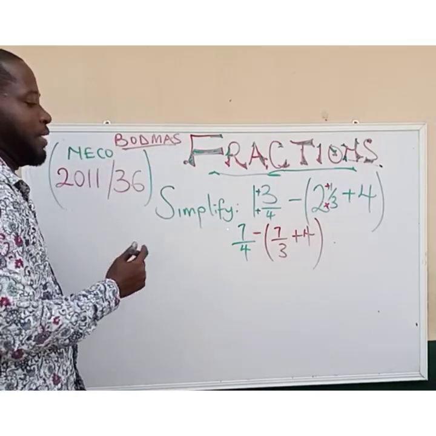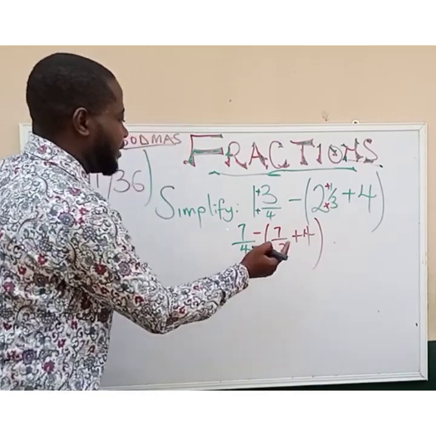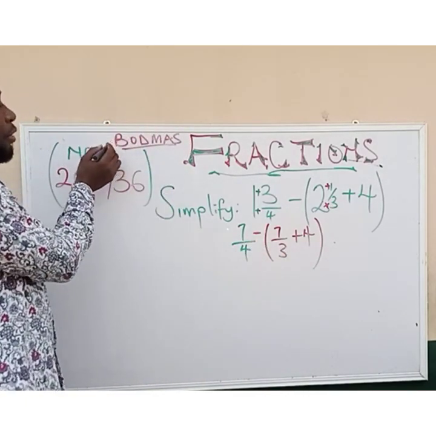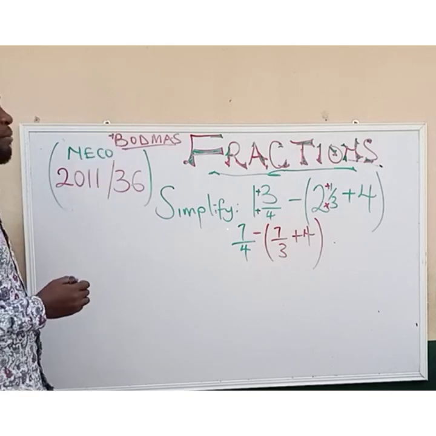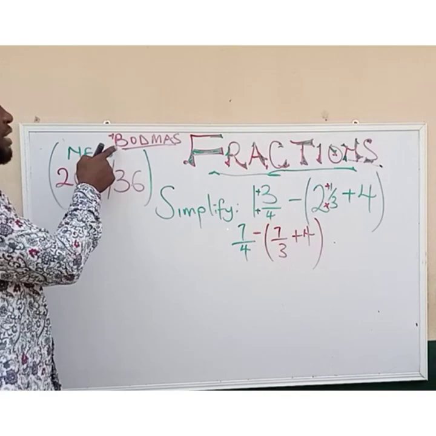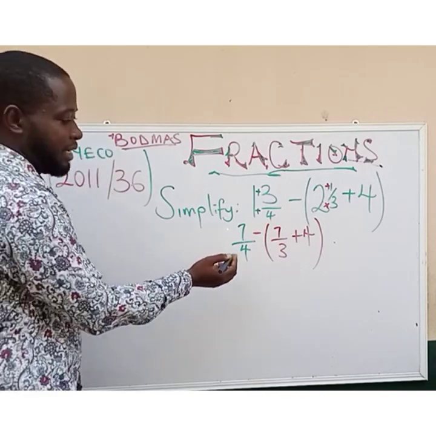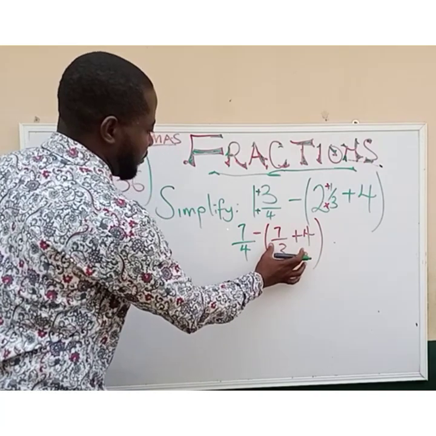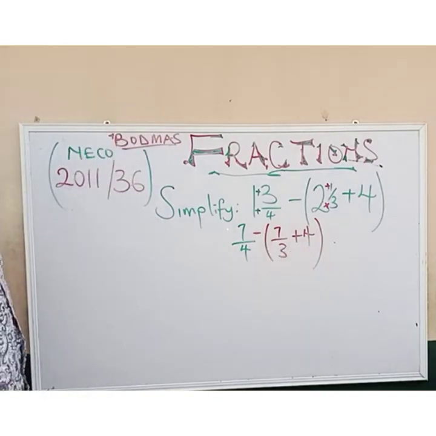Why are we following BODMAS? Because it involves brackets. When we follow BODMAS, the first thing we are going to deal with is what? Brackets. So in that case, we have to solve what is in the brackets first.